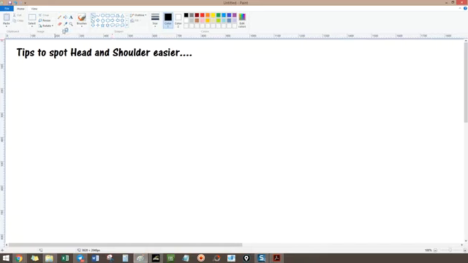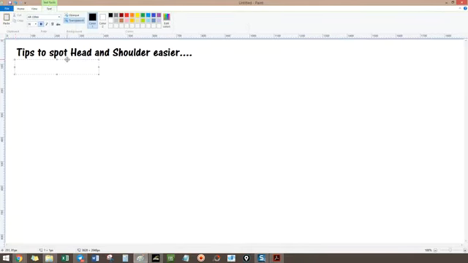First, find an HNS pattern in a line chart.